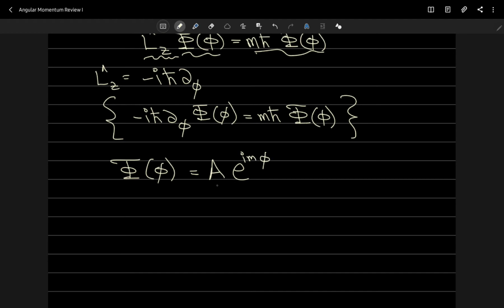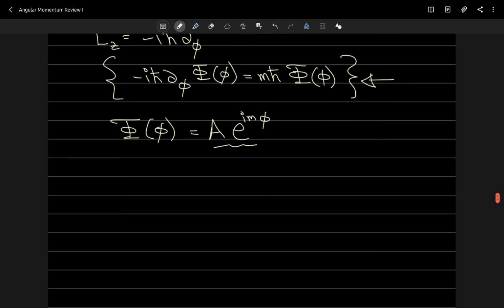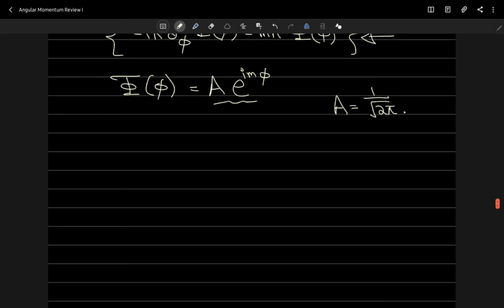And you could check that by substituting this in your differential equation, and it would satisfy it, right? And if you use the orthogonality or normalization condition, you figure out that a is simply 1 over root 2 pi. And so therefore I can finally write down my eigenfunctions of Lz as 1 over under root 2 pi times exponential iota m phi, right?